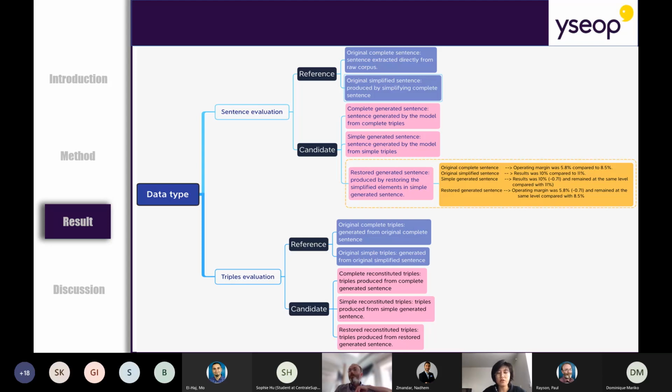To evaluate the sentences generated at inference from simple triples models, we retained two features: the restored generated sentence and its corresponding reconstituted triples. Here is an example of a restored generated sentence. As we can see in this sentence, we restore the simplified elements in the simplified sentence with the original elements in the original complete sentence to create a restored generated sentence.